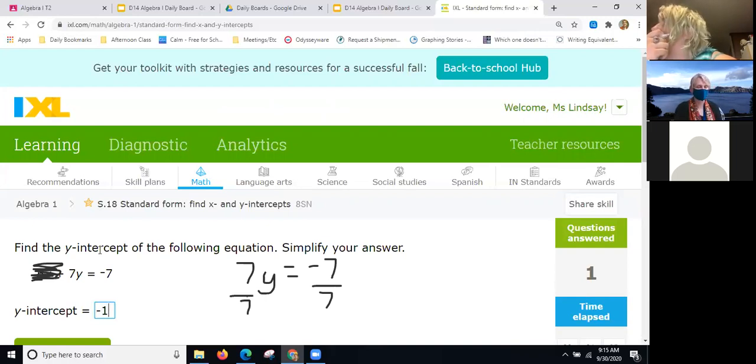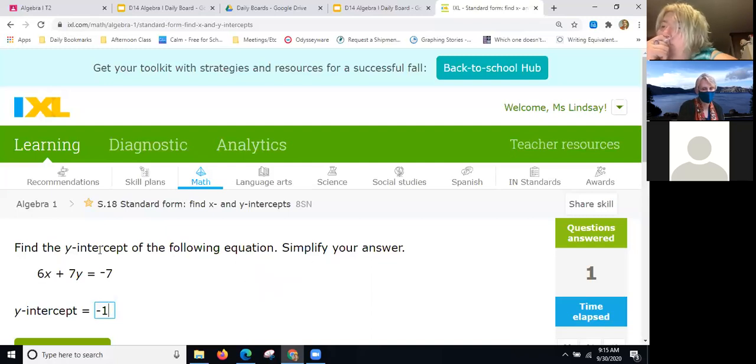You probably can do that without writing things down. I'm just trying to make sure you see why I'm doing what I'm doing. So when it asks for y, you're going to be dividing by the one that's with the y. When it asks for the x-intercept, divide by the one that's with the x.